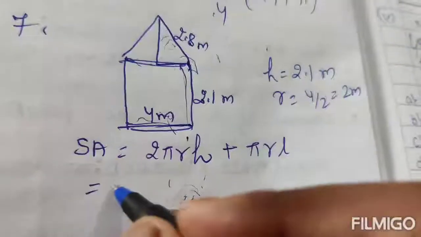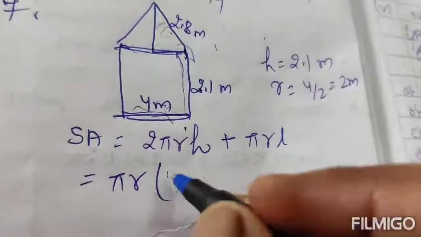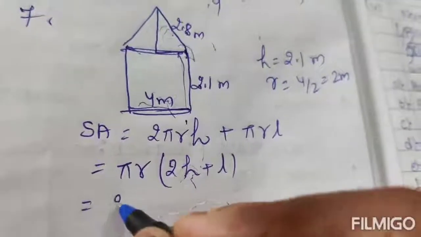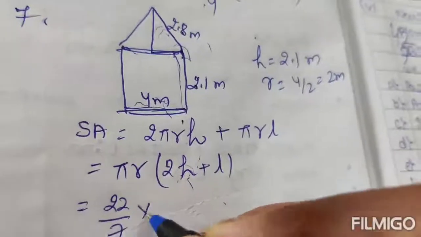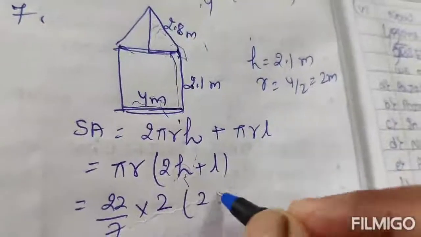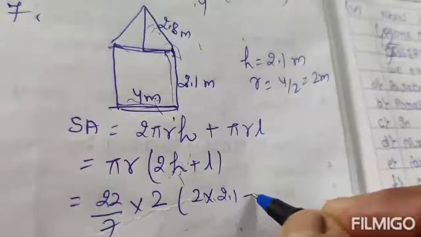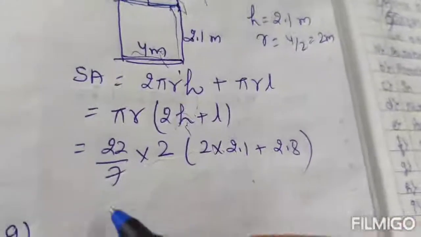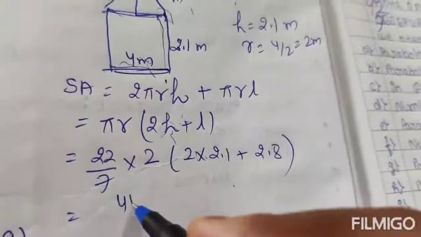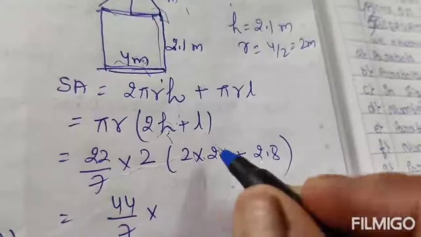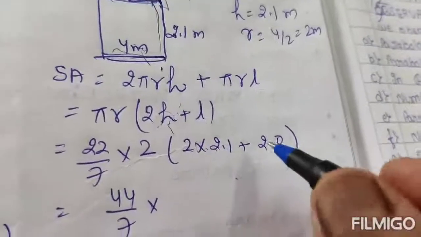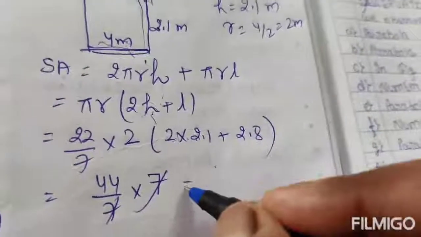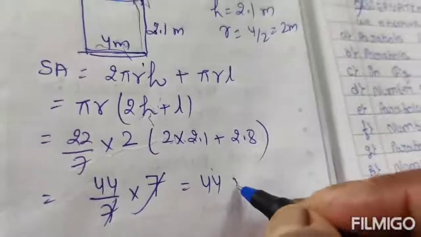Now taking pi r common, 2h plus L. Put the value 22 by 7, r is 2. 2 into 2.1 plus 2.8. 44 by 7 into 4.2 plus 2.8. 7 cancel. 44 meter square.